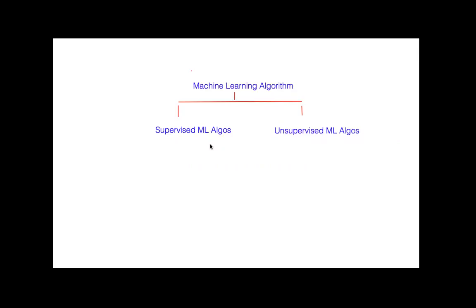I'm naming some of the algorithms. Let me know if you have heard about them at least. Linear regression, then you have logistic regression, K-means algorithm, KNN, and any classification algorithm.